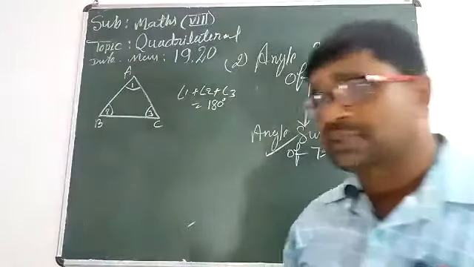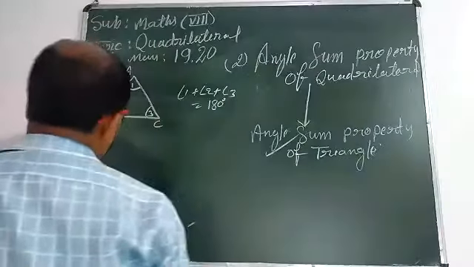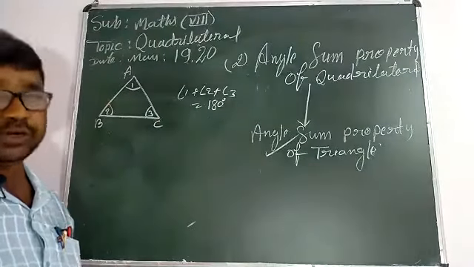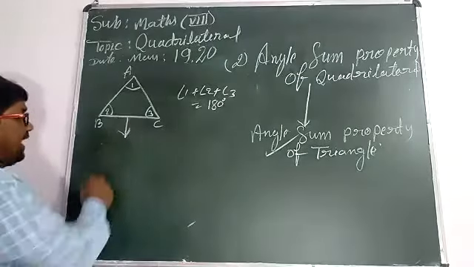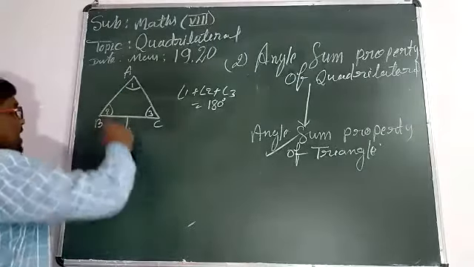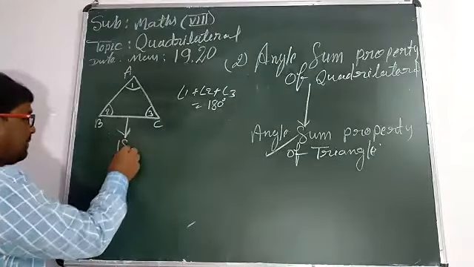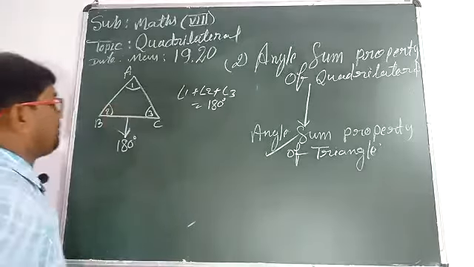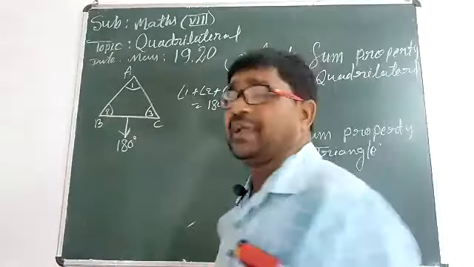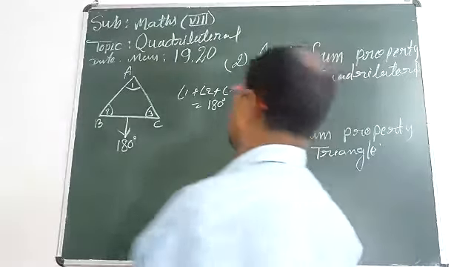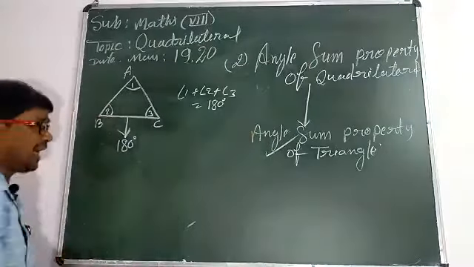The sum of all three angles in a triangle is 180 degrees. But at present, we should learn only that the sum of three interior angles in a triangle is 180 degrees.